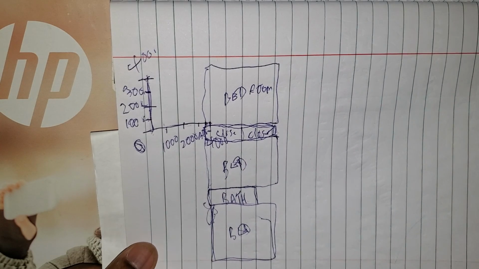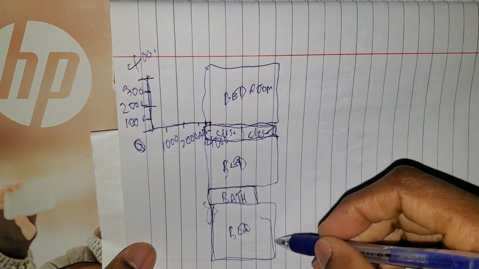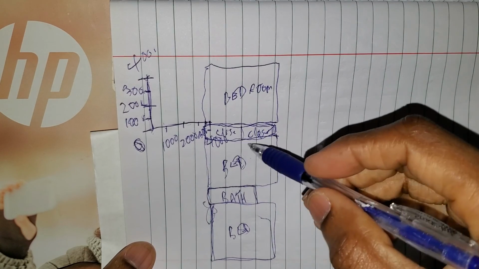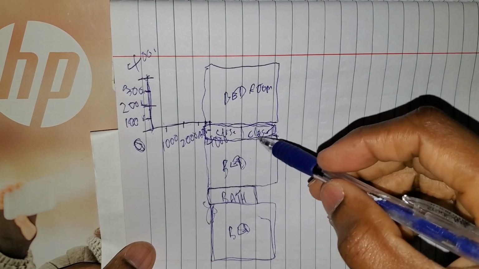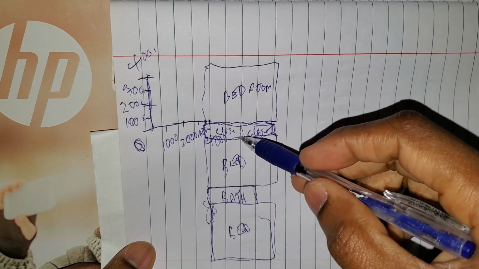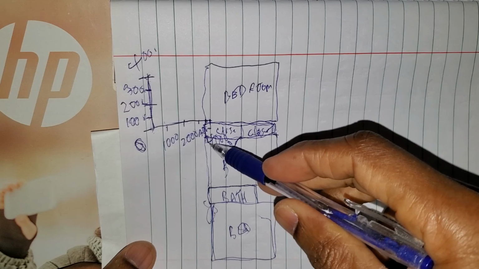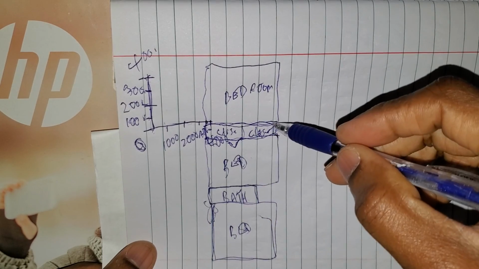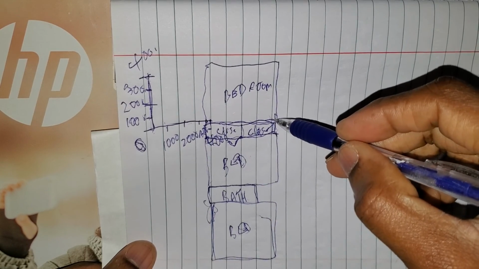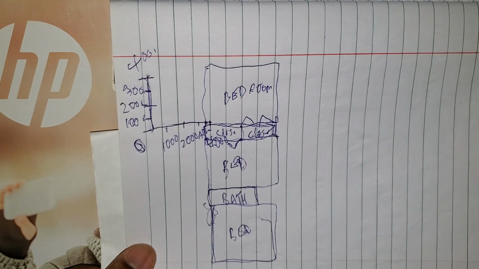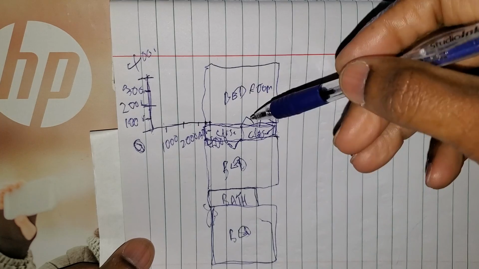So here I have one bedroom, 2 bedrooms, and a closet here. You will notice that I have 2 closets beside each other. One closet will open on this side. The next closet will open here. The next one will open on the other side for the other room. Right? We have 3 bedrooms.